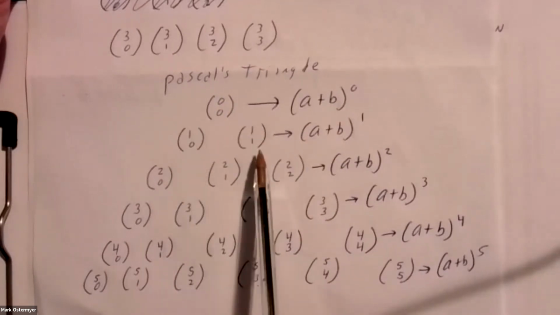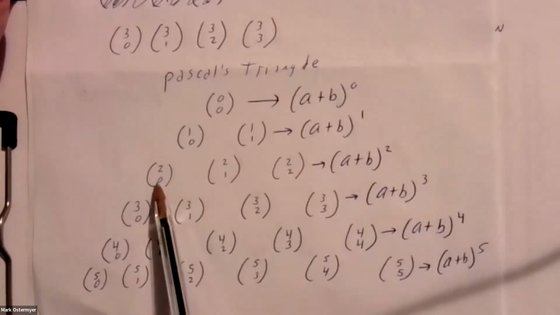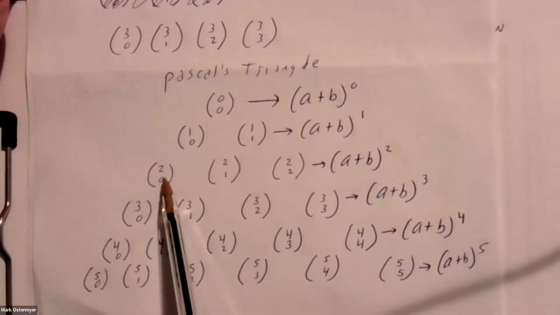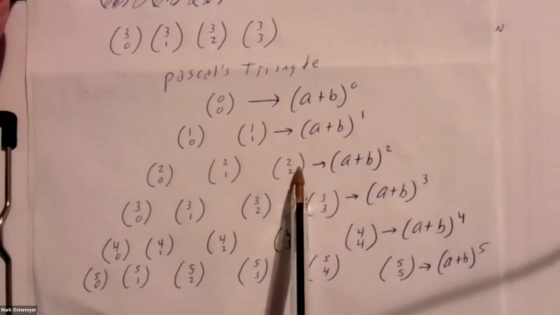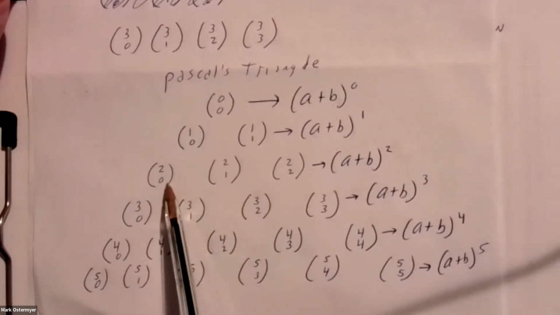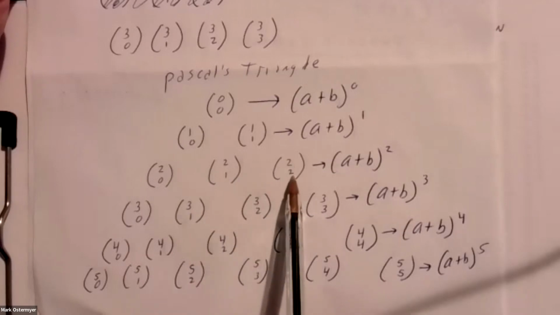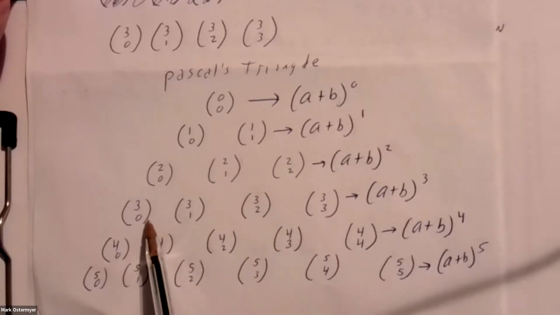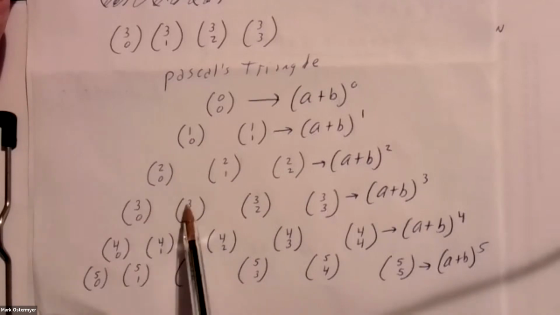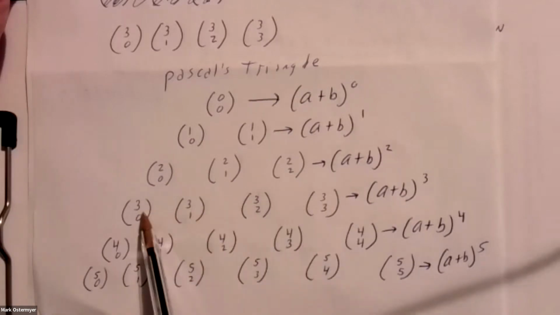The 1 and 1 are generated by 1 in combination with 0, 1 in combination with 1. This will generate the entries of 1, 2, 1. 2 in combination with 0 is 1. 2 in combination with 1 is 2. 2 in combination with 2 is 1. This row will generate the entries of 1, 3, 3, 1.